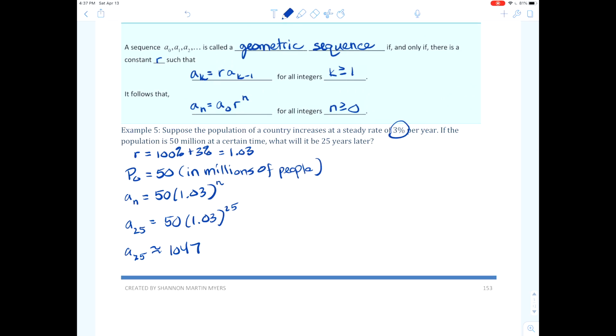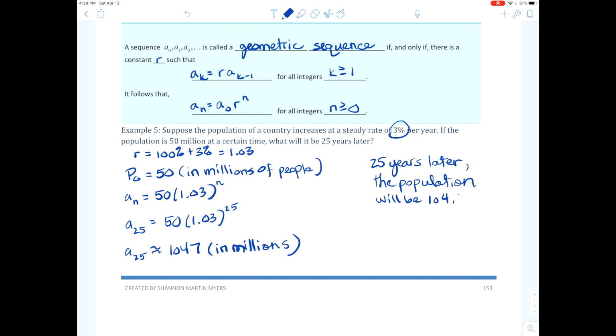So when we answer the question, we would need to say that 25 years later, the population will be 104.7 million people.